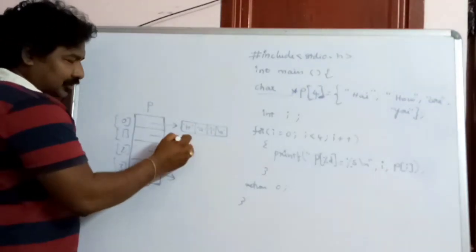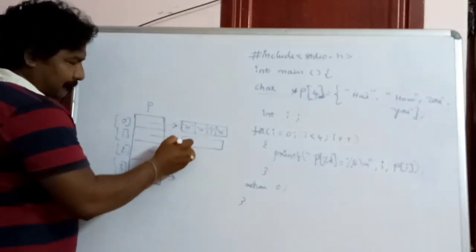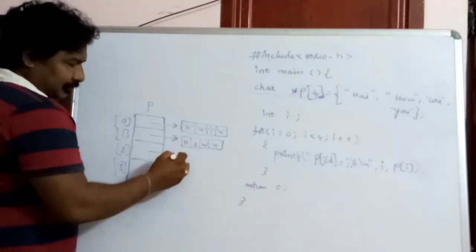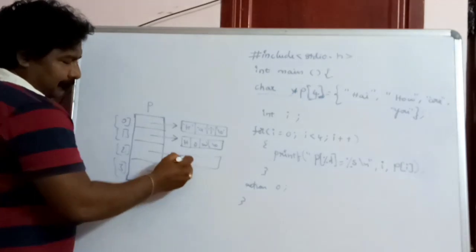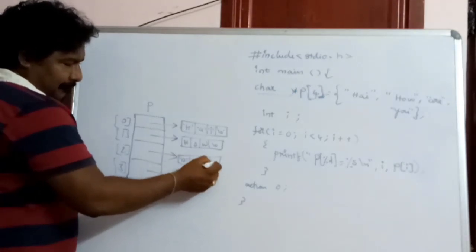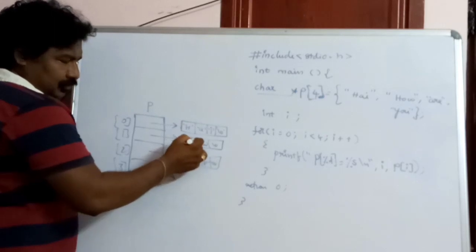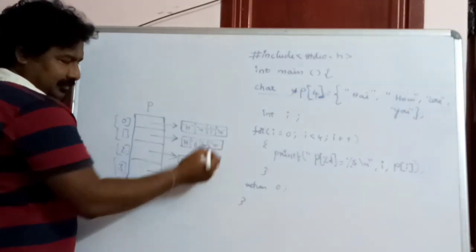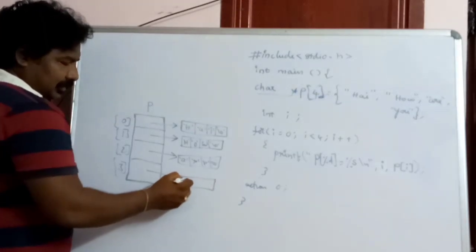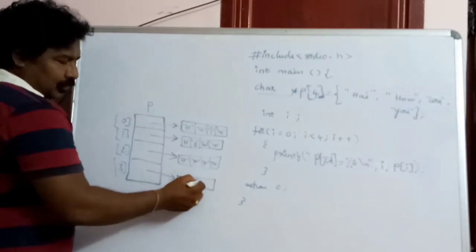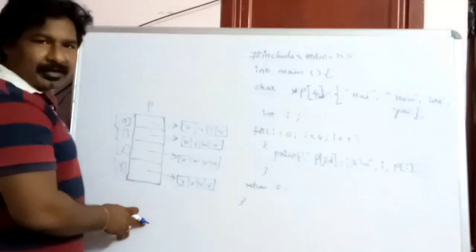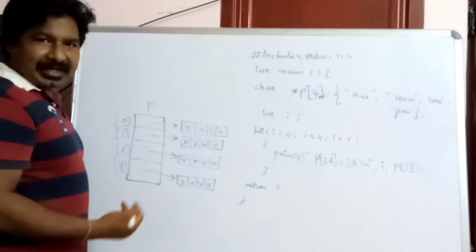Then there is how, and each and everything will be characters only, and this will be you. Okay friends, so this is how your declaration will look in memory.